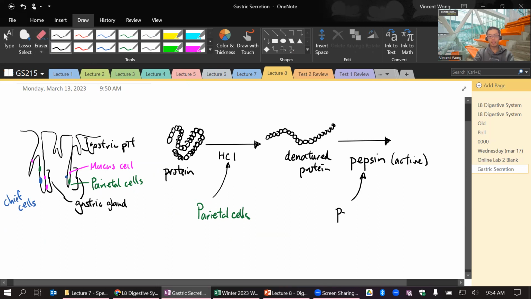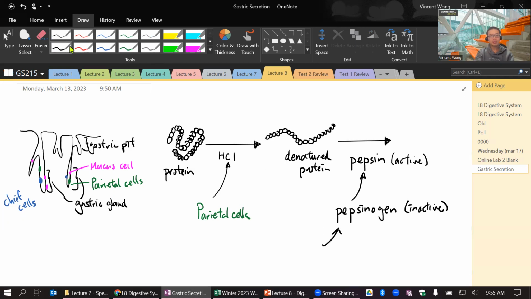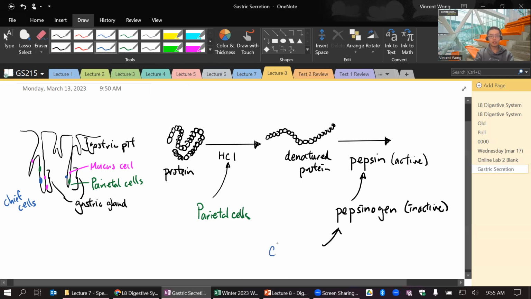Our body actually makes it in the inactive form, which is called pepsinogen. Remember ogen, like fibrinogen? Ogen means inactive. The cell that makes the pepsinogen is the chief cell.